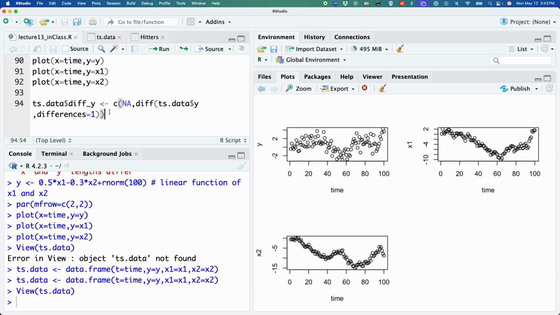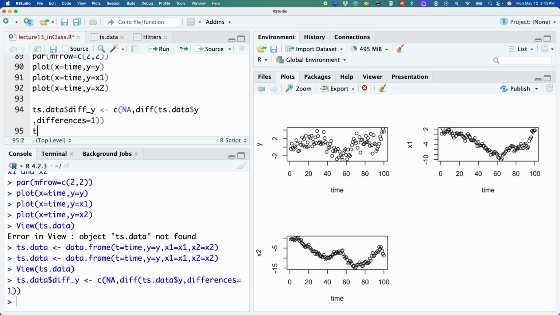That allows you to put it into the data frame, which has 100 rows, when your thing is only 99 long. Right. Okay. So we'll do this as well.